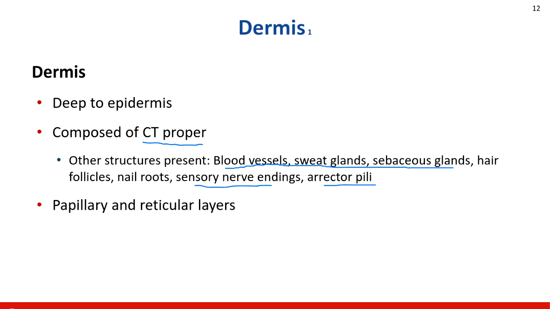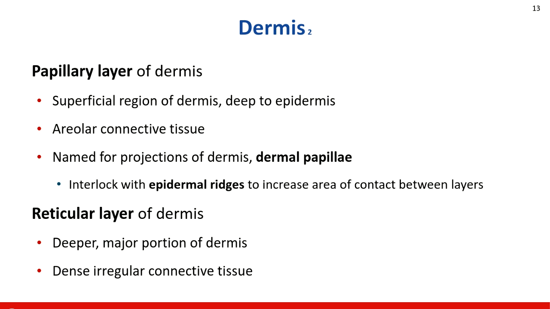So we break it down into two layers, the papillary layer and the reticular layer. The papillary layer is the more superficial. That's the layer that's immediately adjacent to our epidermis. And then the reticular layer is the deeper of the two layers. In the papillary layer, we're going to find primarily areolar connective tissue.